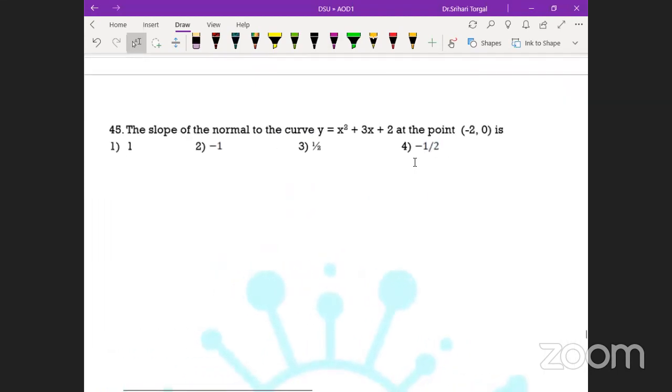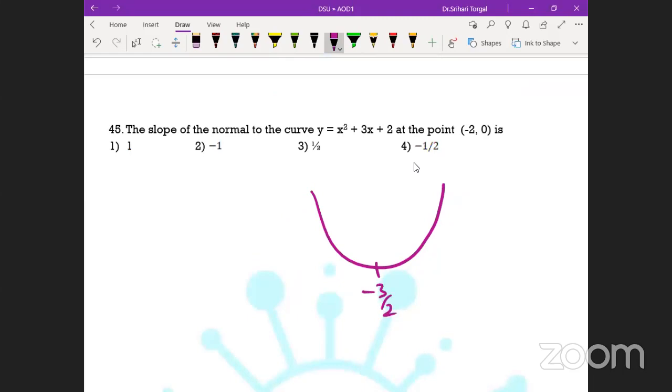The slope of the normal to the curve. If you consider, this graph will be like this. And this point is minus 3 by 2. Minus 2 comes here, right?